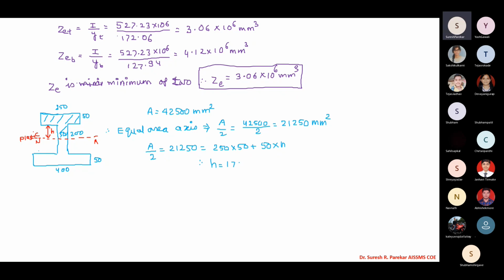I got 175 millimeters. Yes, sir. Yes. Now we have two parts.